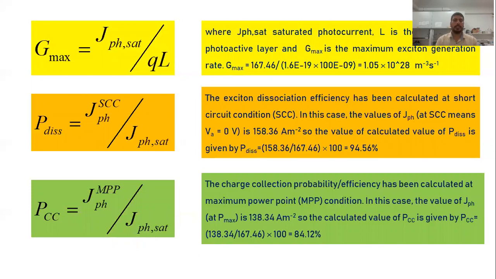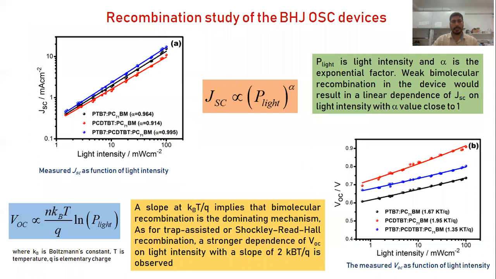So you can see that from our IV characteristics, we can calculate very useful information like exciton generation, exciton dissociation efficiency, and charge collection efficiency. Further, if you want to study the recombination process, that is, what type of recombination dominates in your device, you can simply plot your IV characteristics with respect to the light intensity.